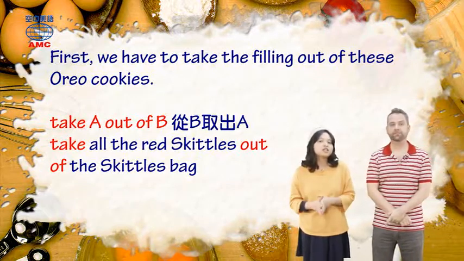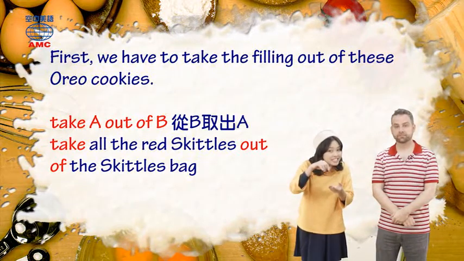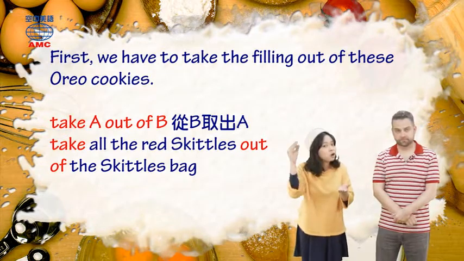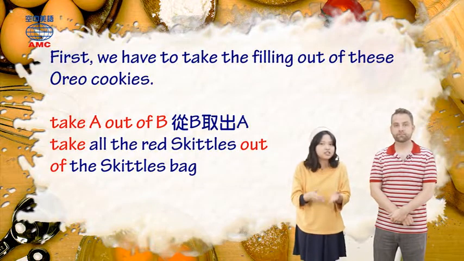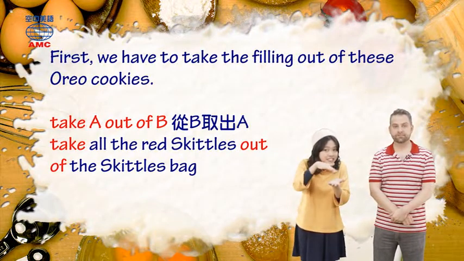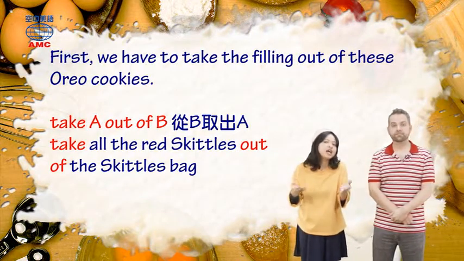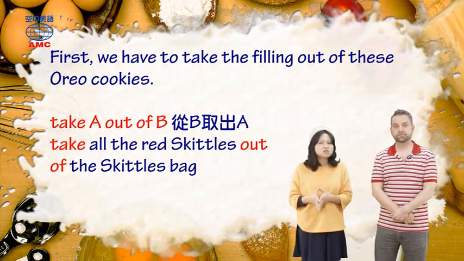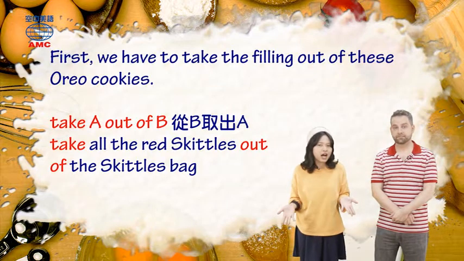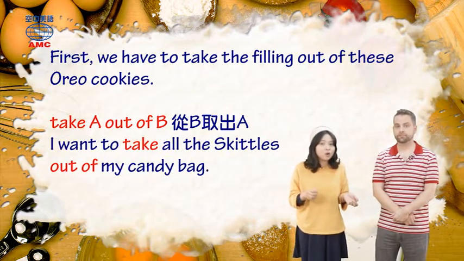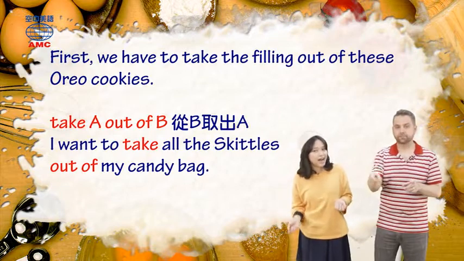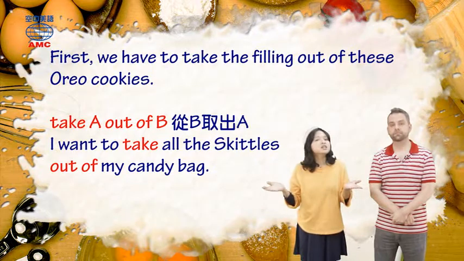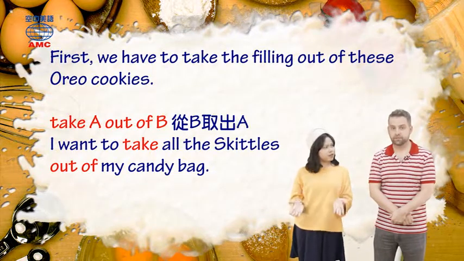Yeah, 所以首先呢，我们要把 Oreo 白色的夹心先分离出来哦。所谓的 take the filling out of the Oreo cookies 就是把夹心饼干里面的夹心取出来，分离出来。所以呢，假如你万圣节之后啊，你糖果大丰收，但是你只喜欢吃 Skittles 彩虹糖，那你就可以说 I want to take all the Skittles out of my candy bag，就是我要把全部的彩虹糖从我的糖果袋里面挑出来。So here we're talking about the filling, right?